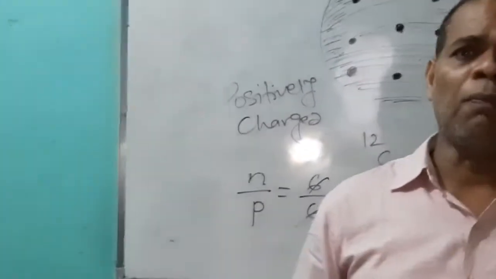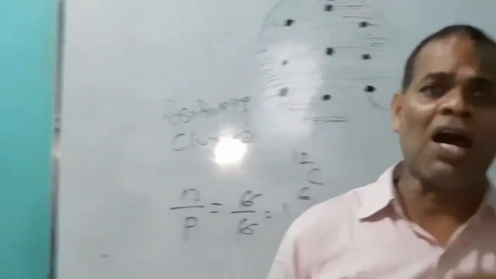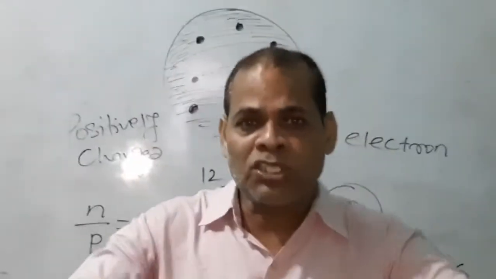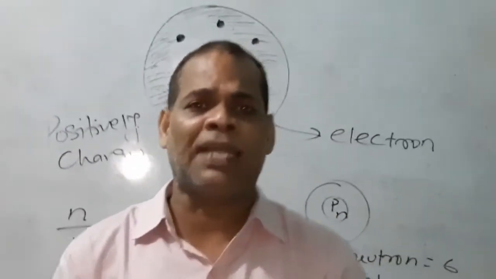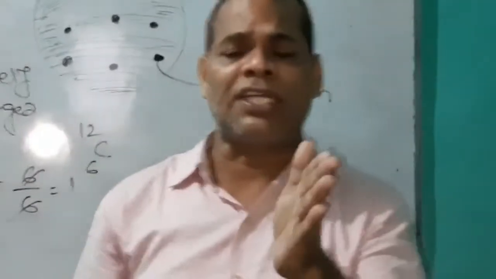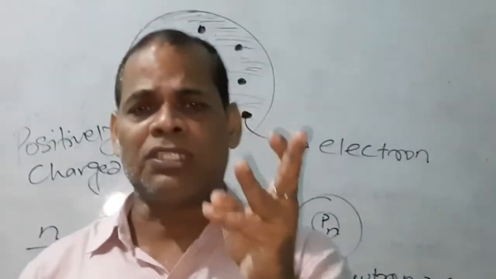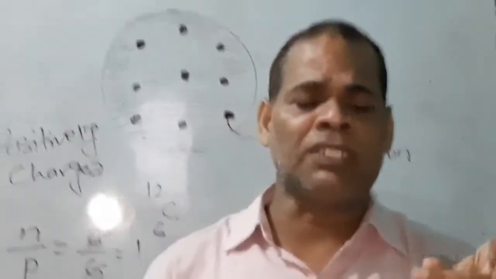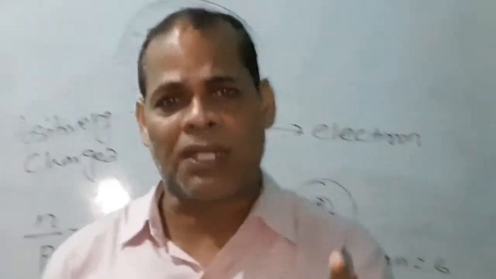Those type of nucleus are unstable, and try to get stability by emitting radiation like alpha particle, beta particle and gamma rays.